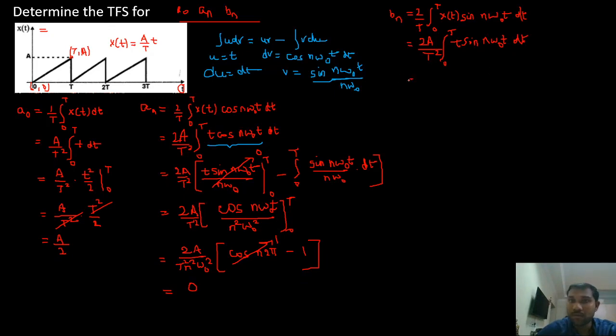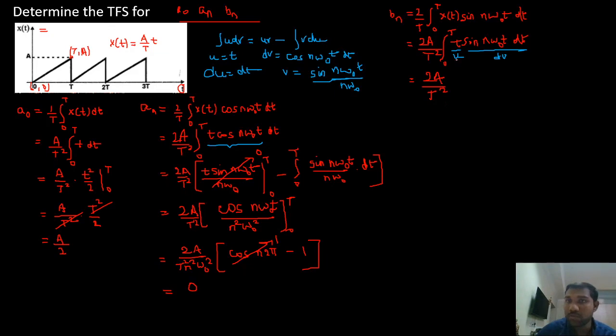So that is equal to 2A by T square. Now this is my u, and this is my dv. Accordingly I'll use the formula integral u dv.